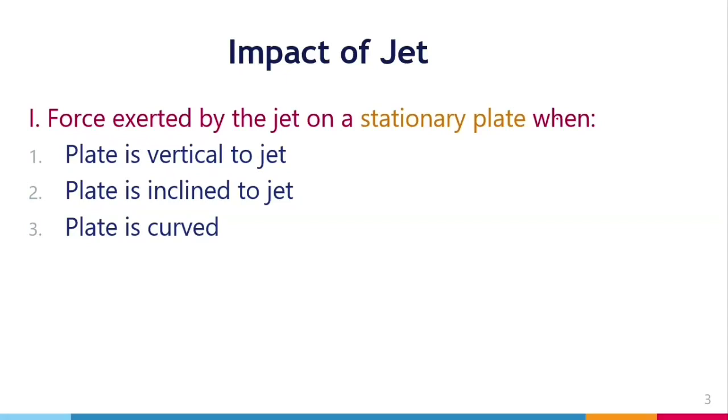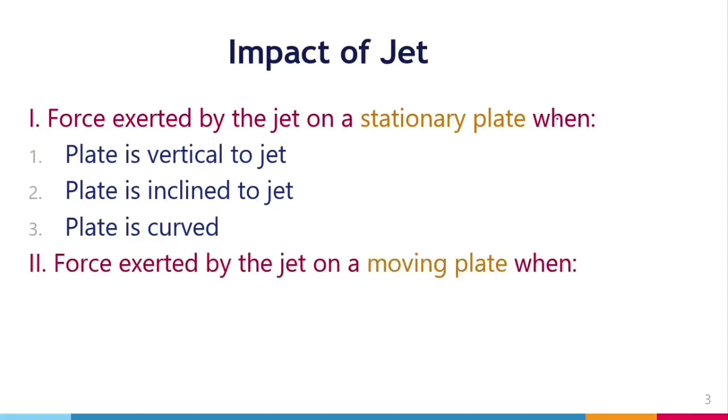Next, plate is inclined. Means when the water is striking horizontally, the plate will be inclined at some angle theta. Similarly, the plate can be curved also. Why do you always imagine that the surface should be flat, horizontal or straight? It could be a curved surface also, no? So that case. And remember guys, the same three conditions will be repeated for the moving plate also.